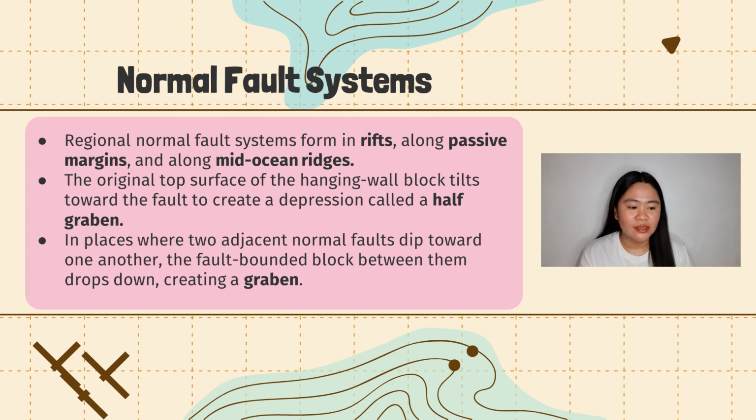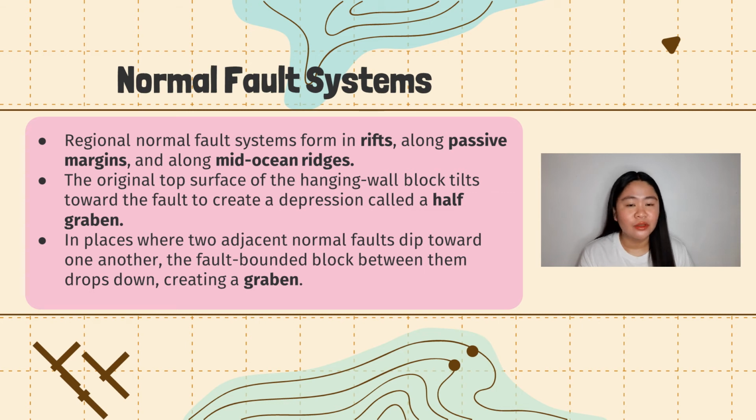As a consequence of the rotation accompanying displacement on a normal fault, the original top surface of the hanging wall block tilts toward the fault to create a depression called a half-graben, where most of the basins in the Basin and Range province of the western United States are half-grabens.